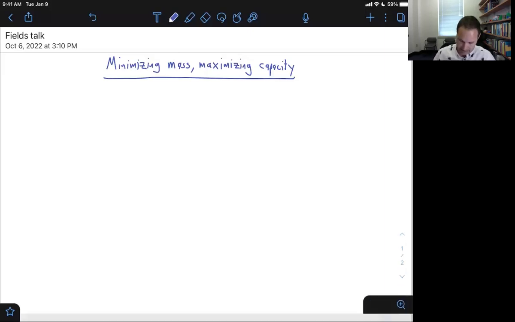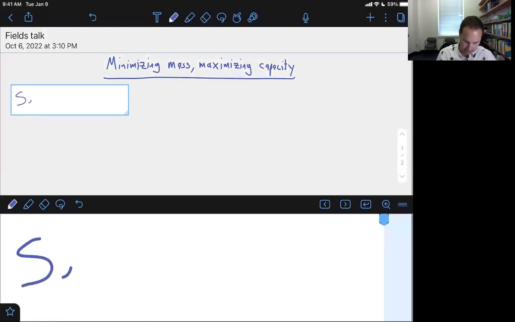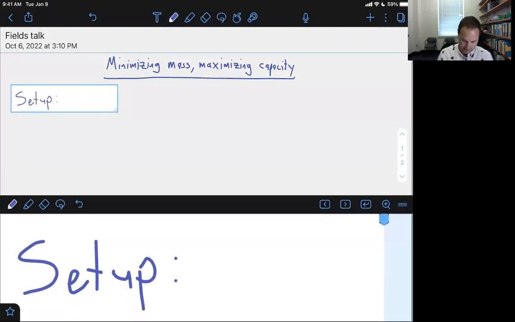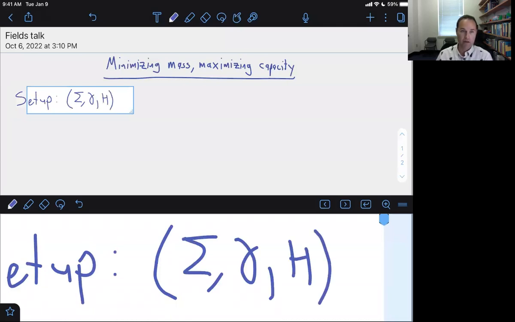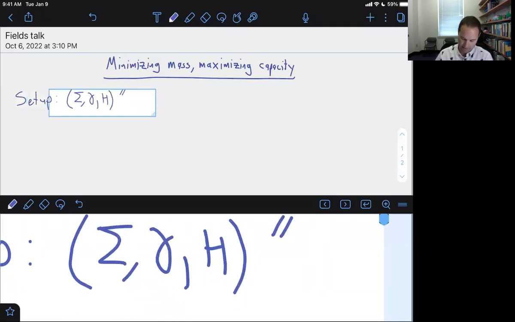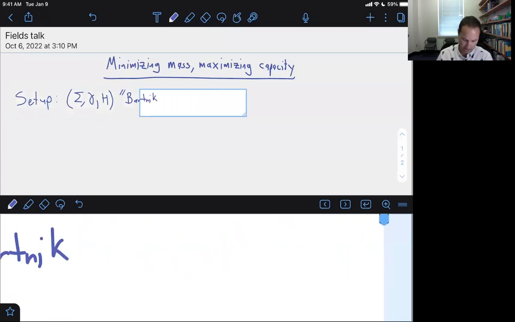Okay, so to begin, just to say a little bit about the setup here, I'm really starting in a similar place to Lon's talk a couple hours ago. But I'm looking at a triple of data that I'll call just Bartnik data, or sometimes Bartnik boundary data.